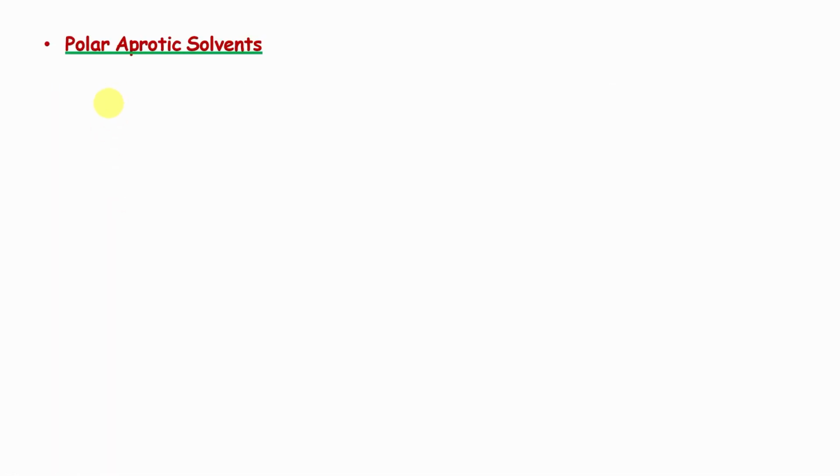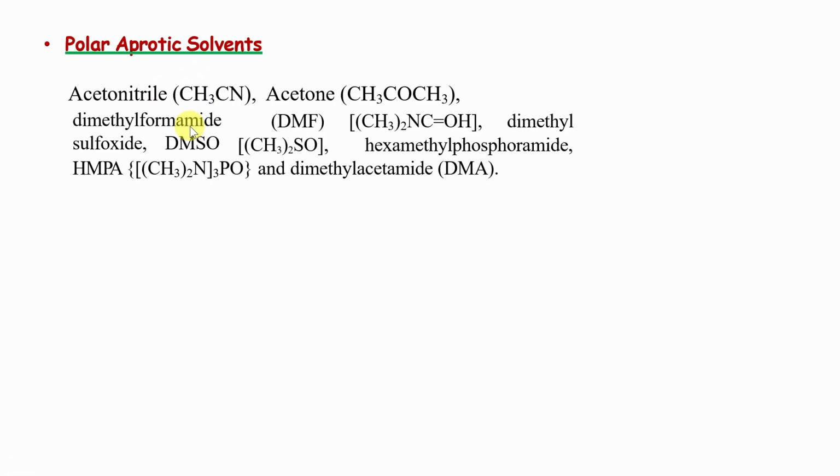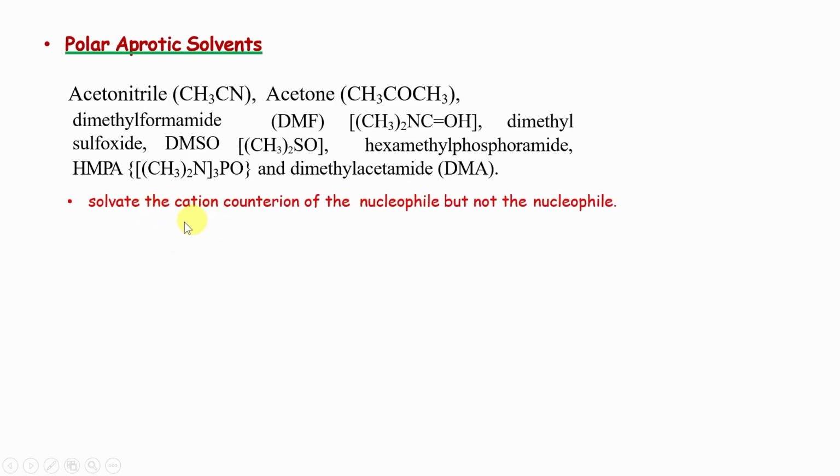Okay, then see how polar aprotic solvents influence the nucleophilicity. See, the important polar aprotic solvents are acetonitrile, acetone, dimethyl formamide, dimethyl sulfoxide, hexamethyl phosphoramide, and dimethyl acetamide. Usually, the polar aprotic solvent solvates the cation counterion, not the nucleophile. Thereby, the nucleophile becomes free.